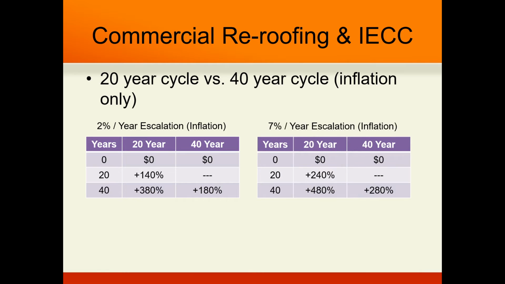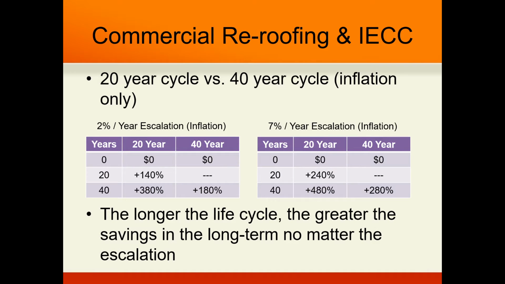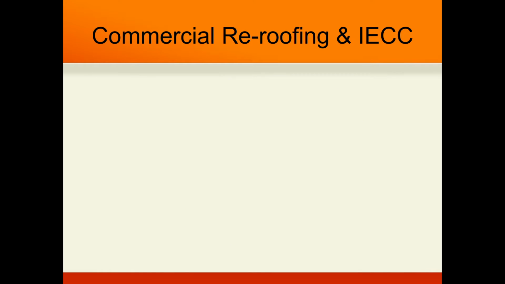In our current market, which conservatively speaking is a 7% per year escalation or inflation rate, you can see how those numbers vary and how those numbers grow so quickly, especially when we're in a market of the nature that we currently have, where costs are getting so out of control. The longer the life cycle, the greater the savings are in the long term, no matter what the escalation is.